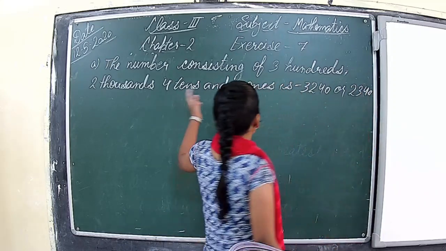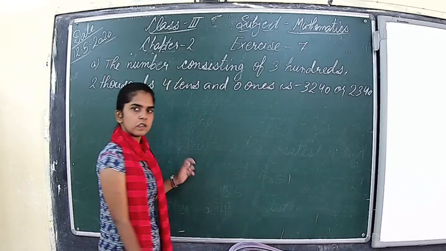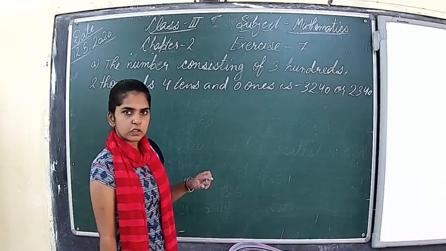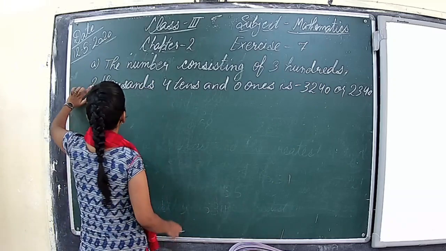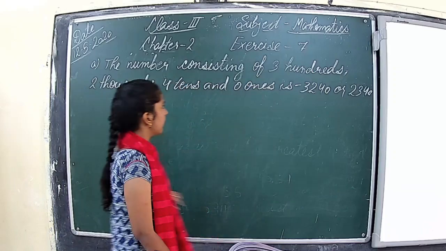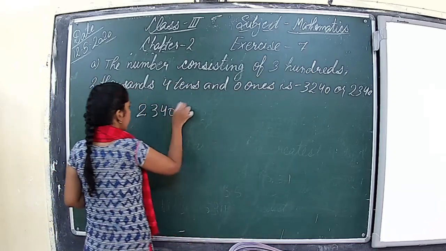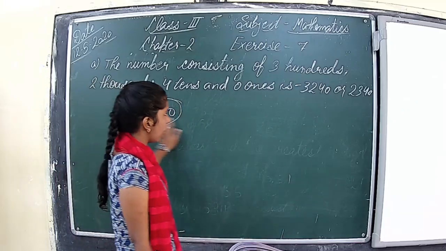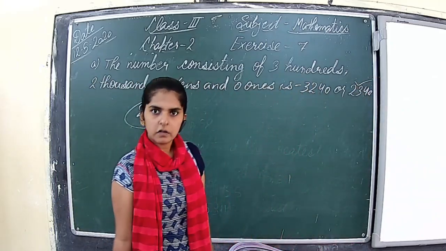See, it means the number is a 4-digit number. So first of all, which digit should come? The 1000 digit should come. So at the 1000 place, which digit should be there? 2, right? Then at the 100 place, 3. At the 10 place, 4. And at the 1 place, 0. It means the number should be 2340. It means this is the correct answer, right?